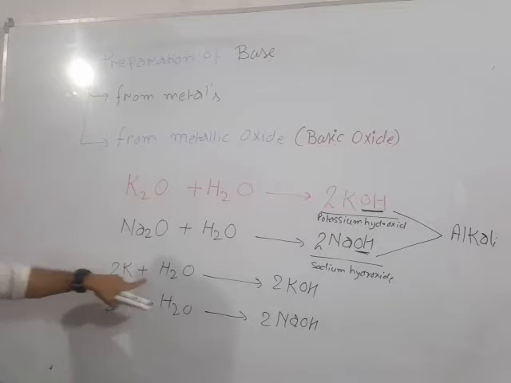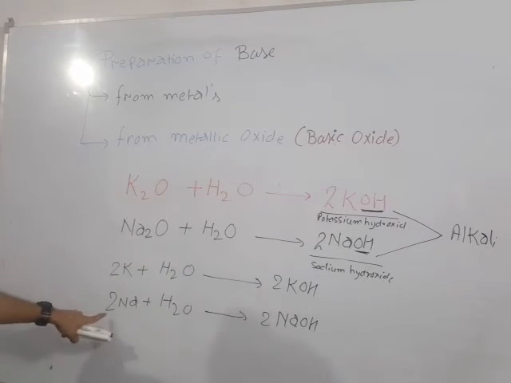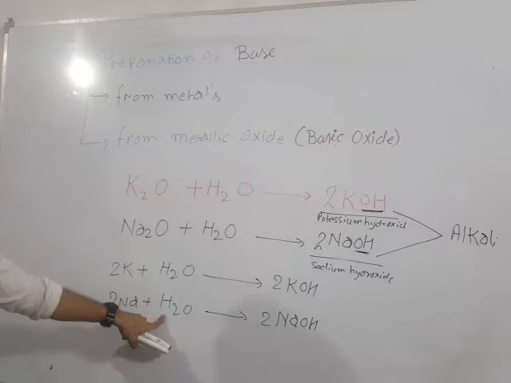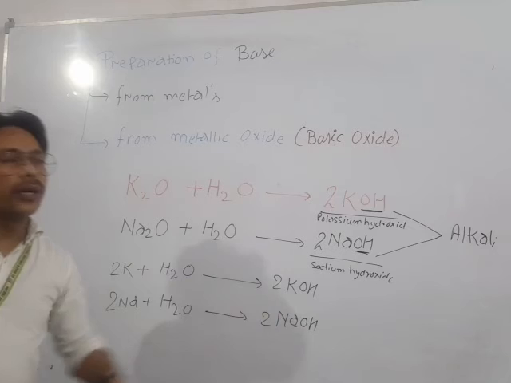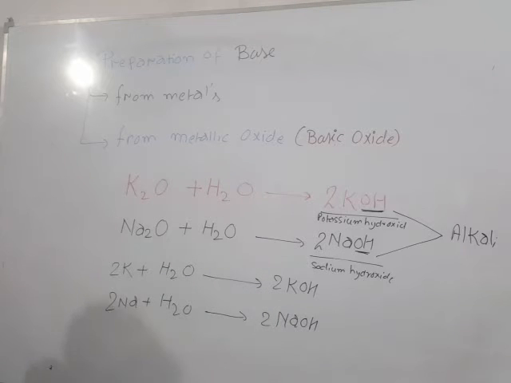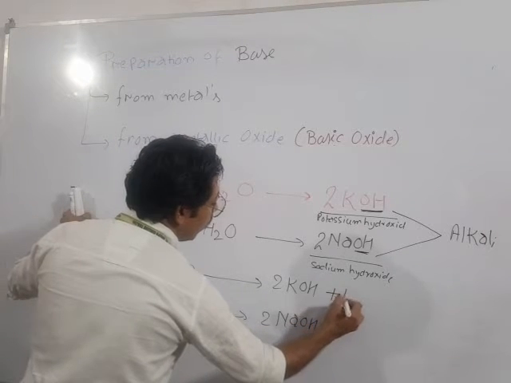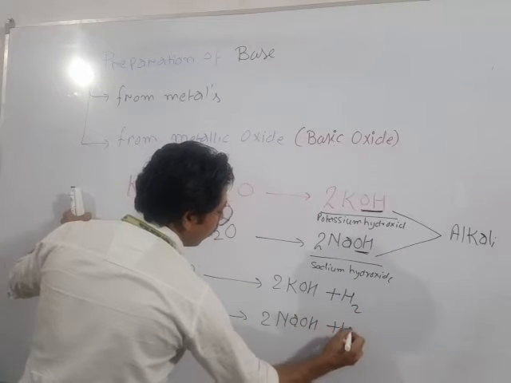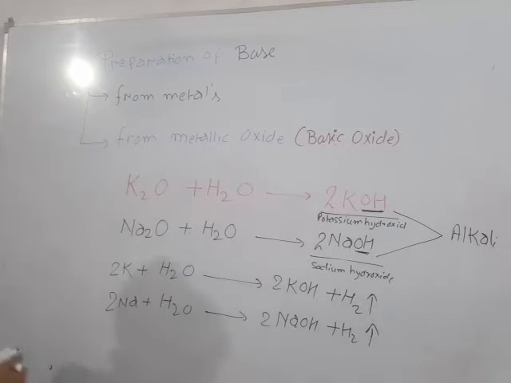It means a metal reacting with water forms alkalis. Sodium reacts with water and forms sodium hydroxide, and potassium forms potassium hydroxide. It is clear to all of you? And you know very well that it releases hydrogen. Say yes or no?